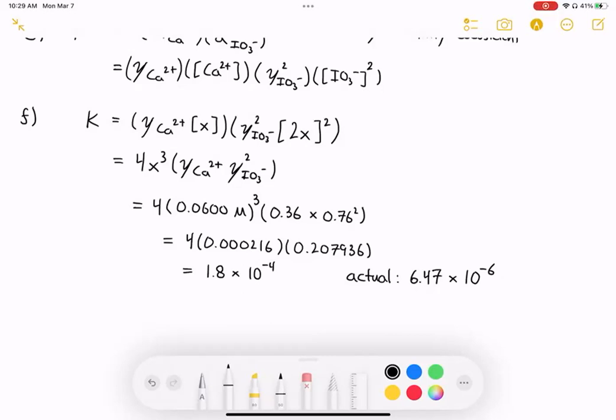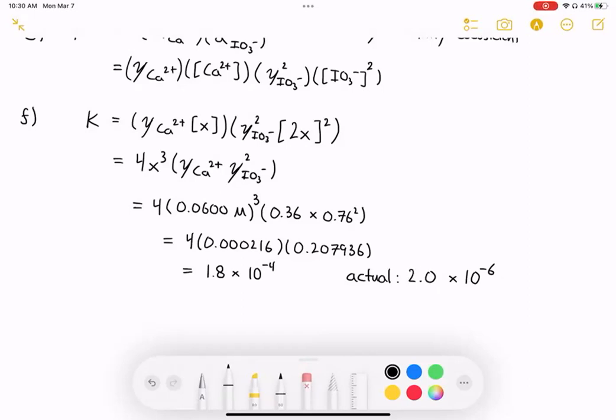So that's interesting though. 0.060 cubed times 0.207936 times 4. Yep, that's it though. I don't know what the actual value is, but I think it might be 2.0 times 10 to the -6.